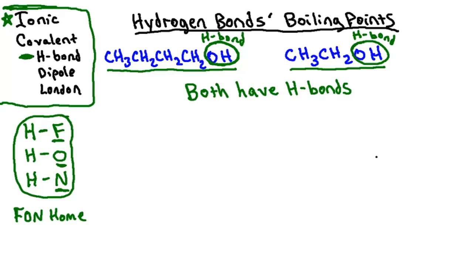How can you tell which one has the highest boiling point? Well, the answer is pretty simple. Since this carbon chain on the left is a lot larger than the carbon chain on the right, it has more atoms in it. This is also going to indicate that it has more London dispersion forces. So that means it's going to have the higher boiling point.